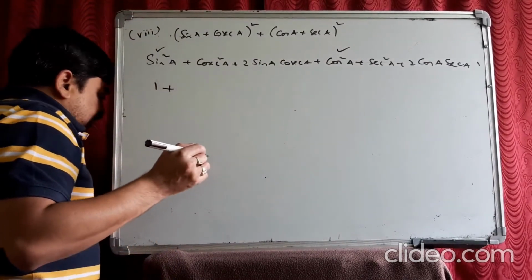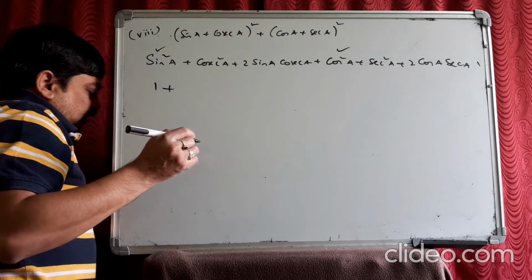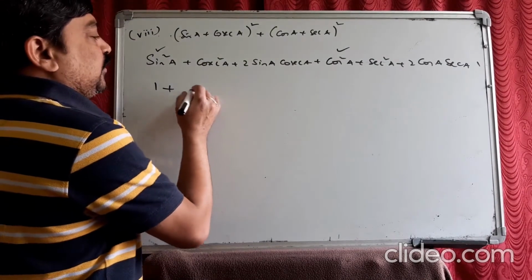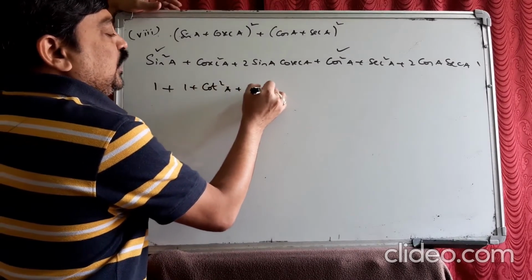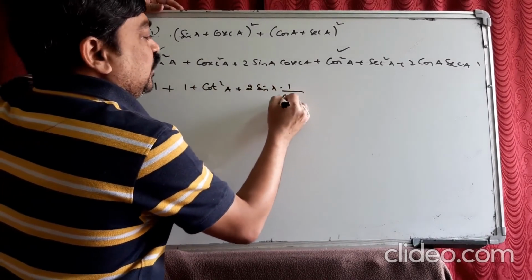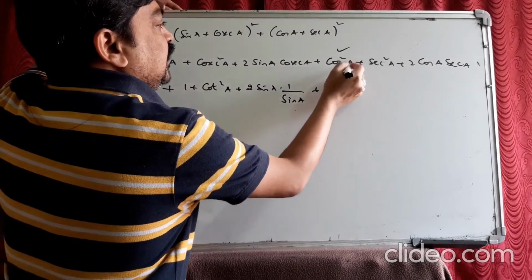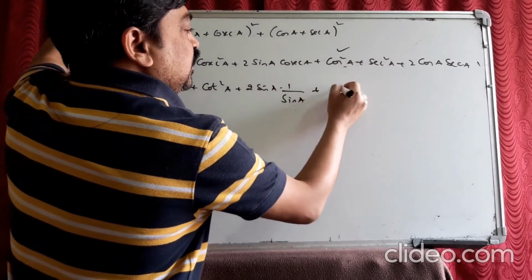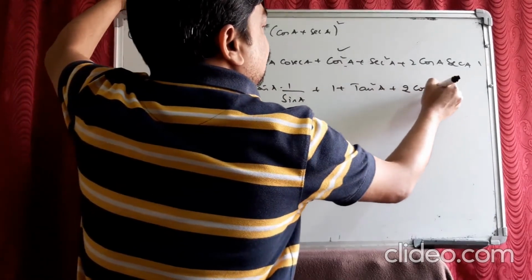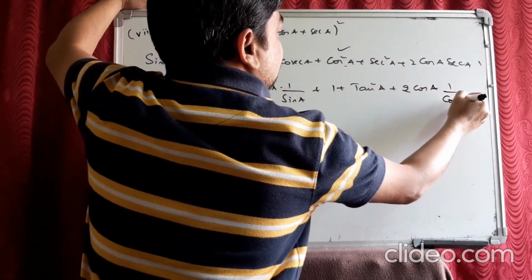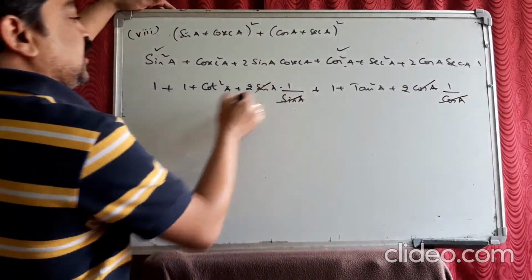Cosecant square, because the answer is in terms of tan and cot, cosecant square A can be written as 1 plus cot square A. Then 2 into sin A, cosecant A I write as 1 by sin A. Secant square A we write as 1 plus tan square A. This also we can write as 2 cos A into 1 by cos A. Cancel this, cancel this.